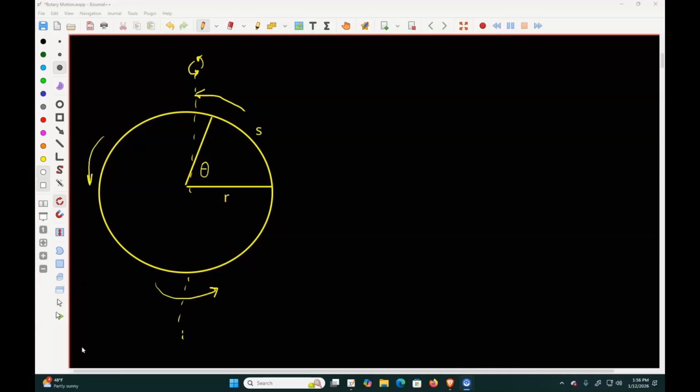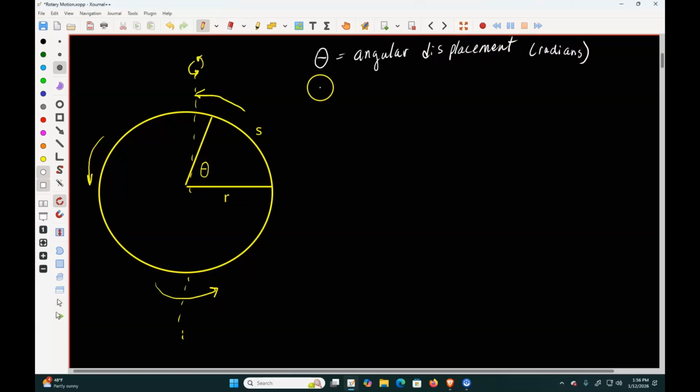We're going to let theta be the angular displacement. R will represent the radius of the object. S will represent the length of the arc.